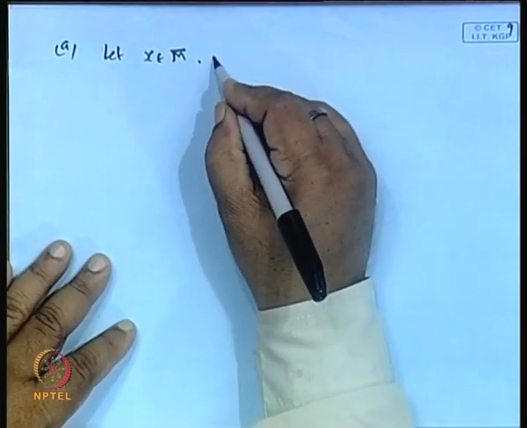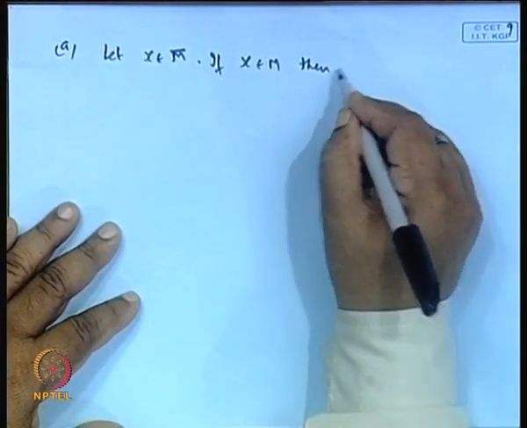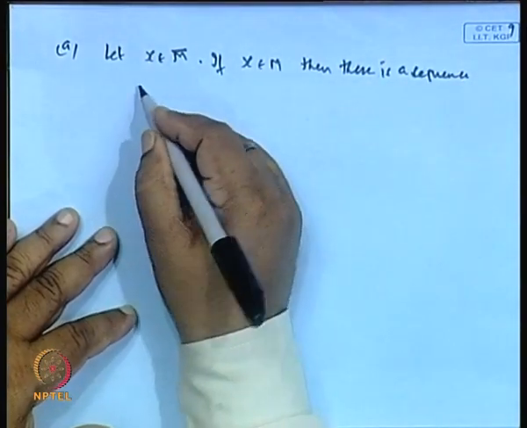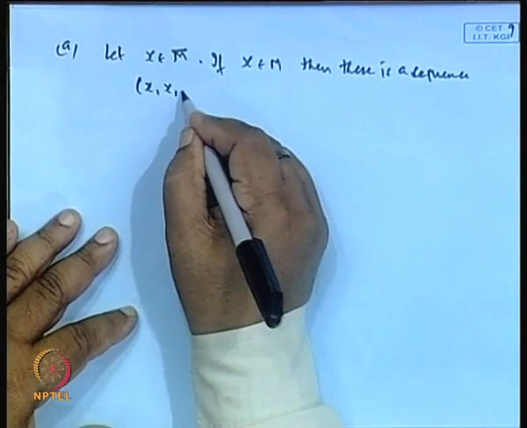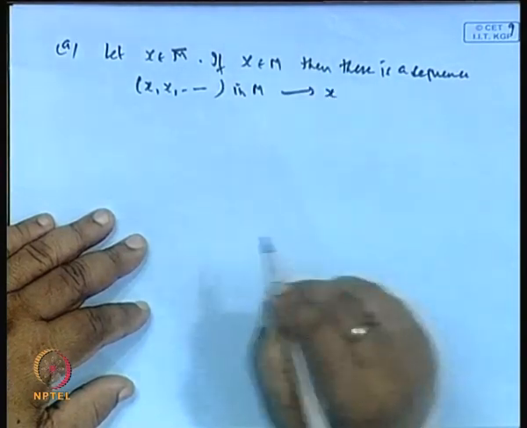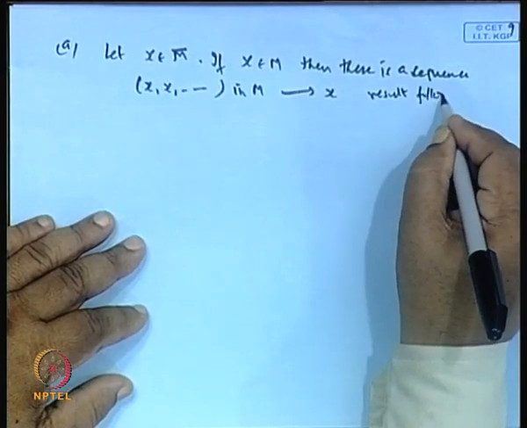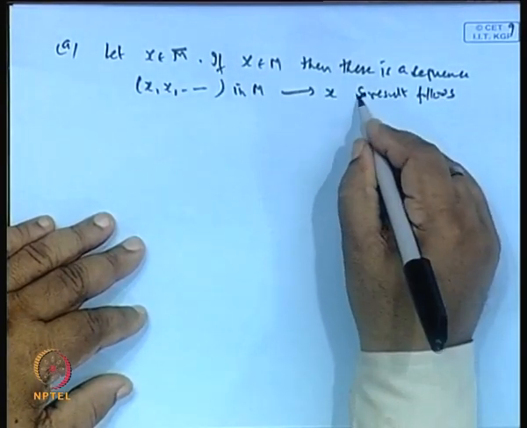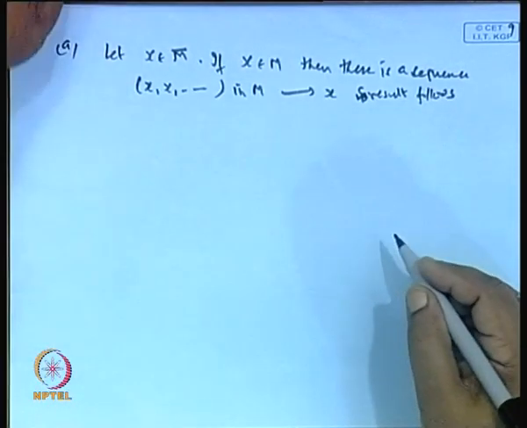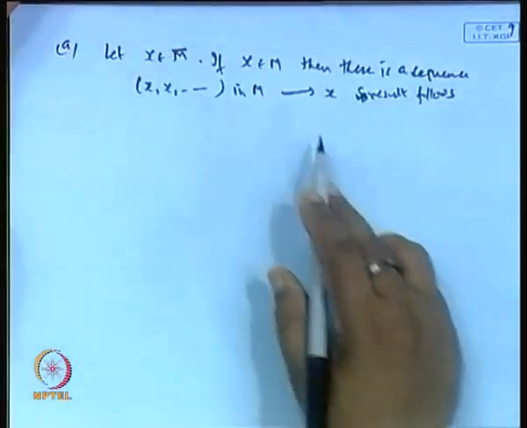If x is in M, then there is a sequence of the type x, x, x, etc. in M which converges to x. So, our result follows. There will be a sequence x_n in M which converges to x where x belongs to M. So, obviously, this x will be in M.